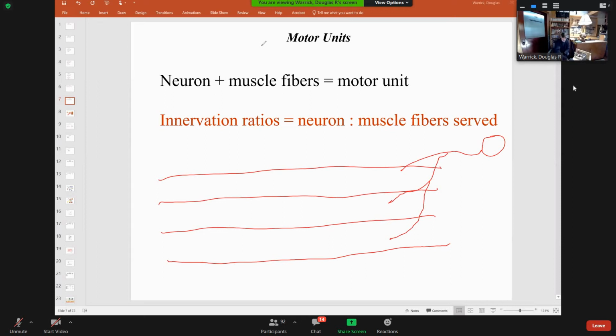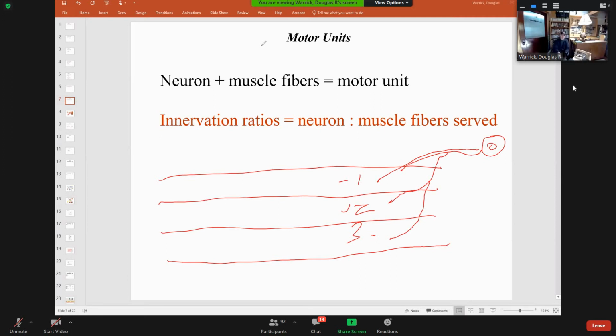So in that way, we have adequate representation. That is, we have the needed excitation of each muscle cell. But that also means that for this one neuron, when it fires, it's going to have to tell a minimum of 3 muscle cells to go at the same time. That would be a motor unit right there: that neuron and the 3 muscle cells that it serves.